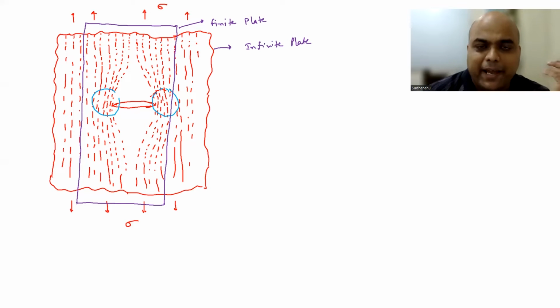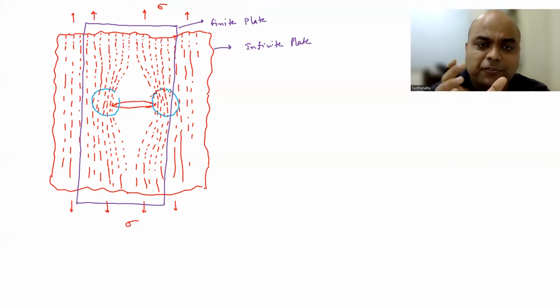Since the applied stress remains the same, these n lines of forces need to be fit inside the finite plate. In the infinite plate, since the plate is infinite, these lines of forces had a chance to bend and maintain some distance between them. So suppose the lines of forces in the infinite plate is n. The same will be there for the finite plate because the applied sigma remains the same.